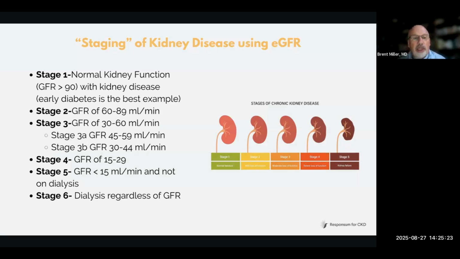Like I talked about, in a healthy 80-year-old in the United States, the average GFR is about 60. So we need to be careful about telling a healthy 80-year-old that they have stage 3 CKD. So you don't want to get ahead of yourself and start with this staging process.